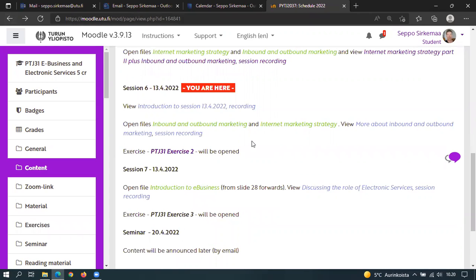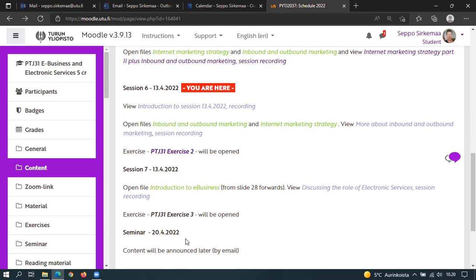And basically, looking at the schedule, this is what you are supposed to do this week. So look at the remaining files, remaining slide sets, take your time, listen to the session recordings, start preparing exercises, exercise number 2 and exercise number 3. And then the next step, next week, we are going to see in a seminar. There will be more information about the seminar, the organization of the seminar, later on by email.